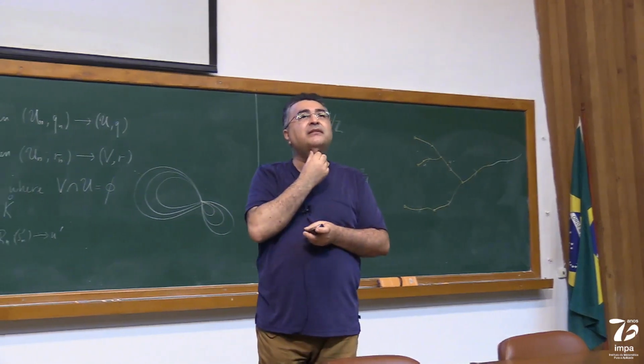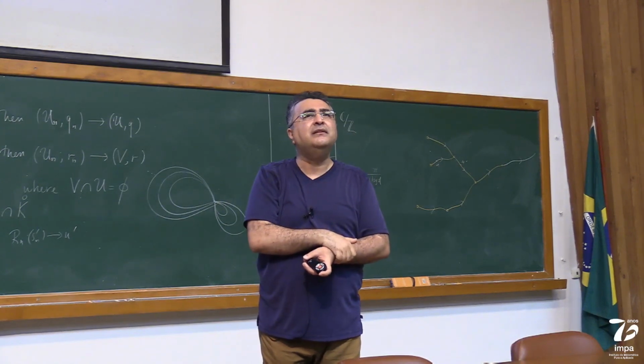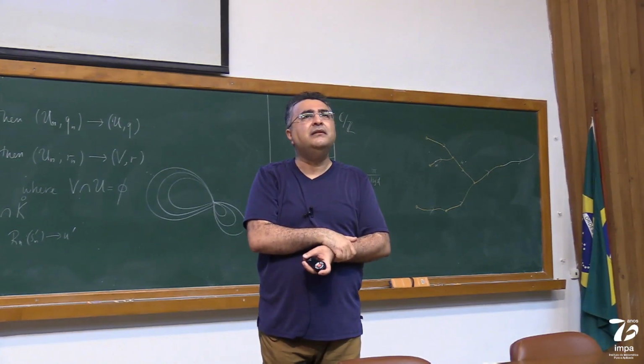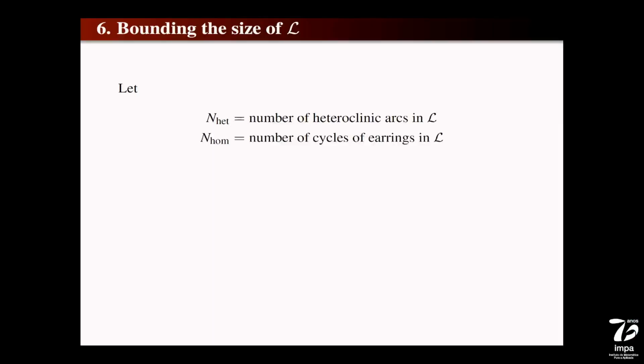Yes? Just to make sure, do you have an easy estimate of the length of the spine in terms of the degree? Yes, it's on this slide. I'm masking half of it, but it's coming up. So let n_het be the number of heteroclinic arcs, and n_hom be the number of cycles of earrings, of homoclinic arcs.